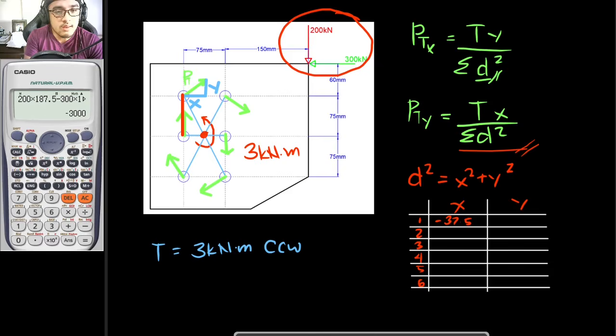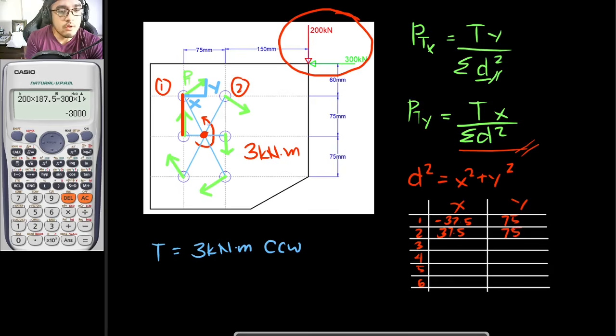From that, our y component here is 75, which is this distance right here, from here up until this point. And for the second bolt, this x is 37.5, and this y is 75.